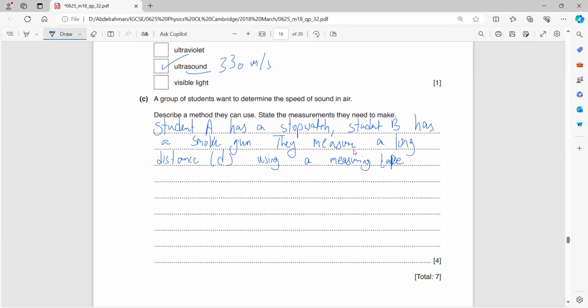And then when student B fires the smoke gun, student A starts the stopwatch.